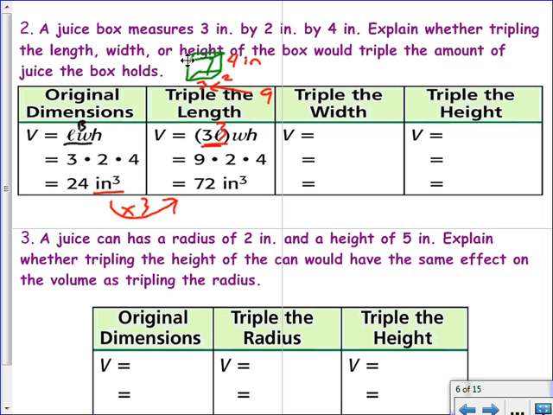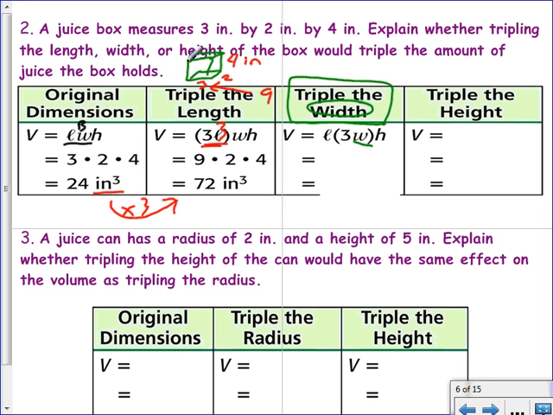Now we're going to try the same thing, but with width and height, and we're going to do it separately. For this one right here, triple the width. All I want to do is keep my original measurements the same, except for the width, and I will multiply that by 3. So volume is equal to length. This time we're multiplying 3 times the original width.